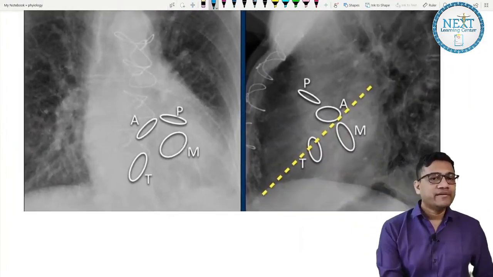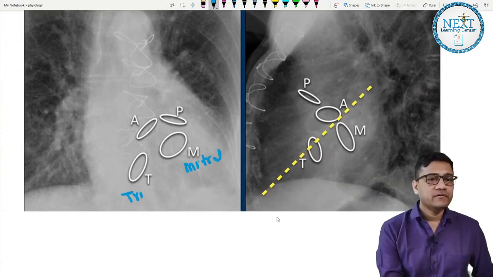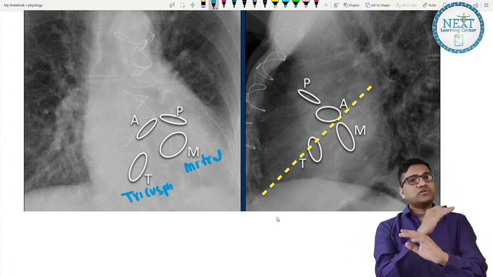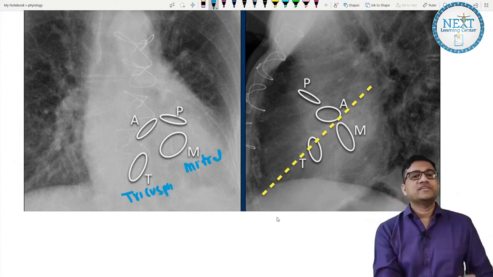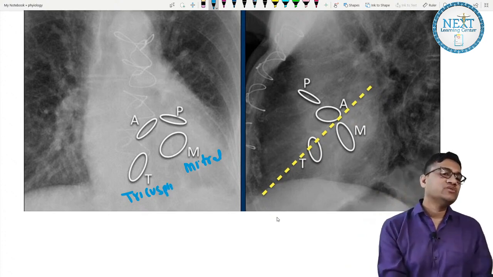This is the mitral valve. This is the tricuspid. Then you know the aorta and pulmonary artery cross. So that's why the pulmonary valve is on the left and the aorta is slightly to the right.